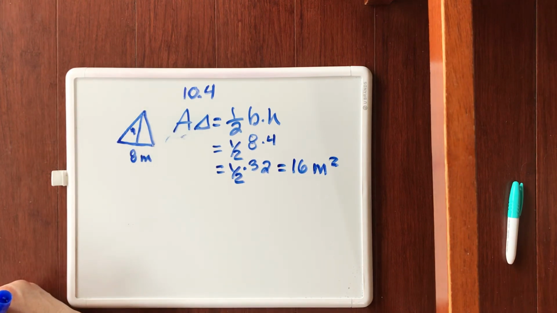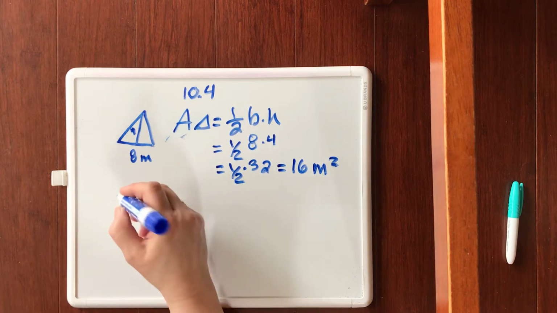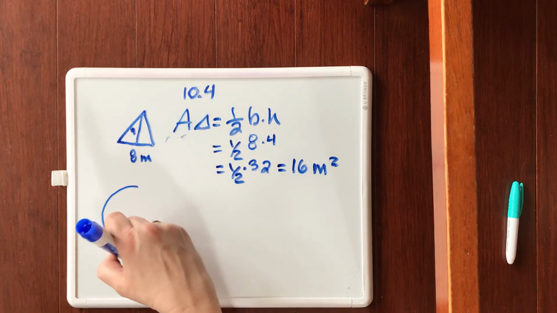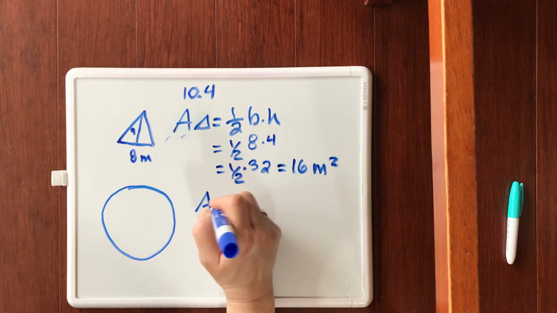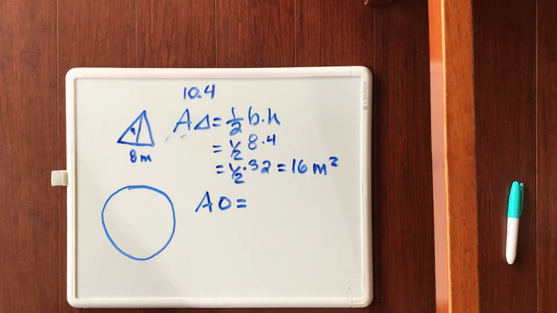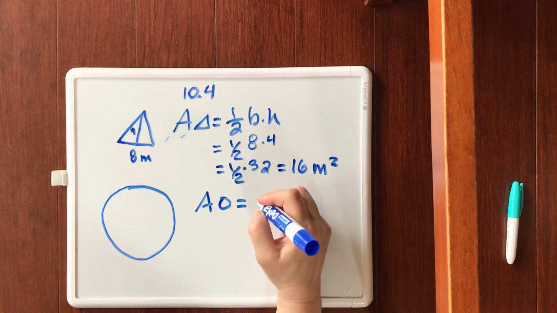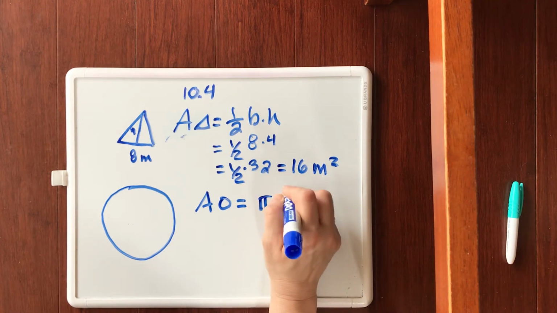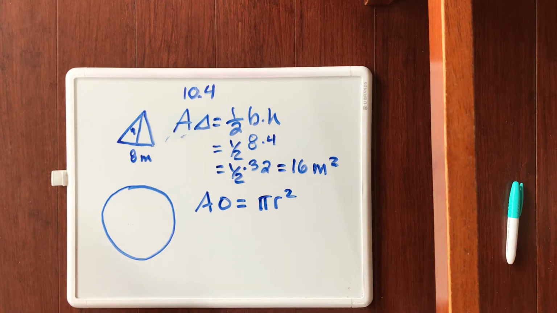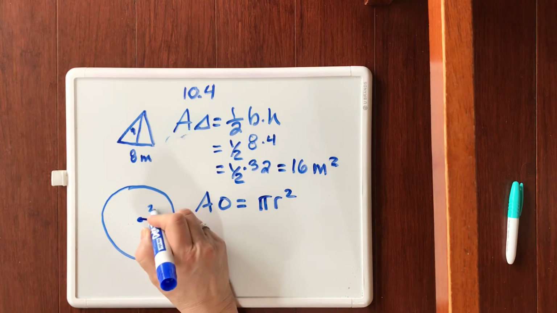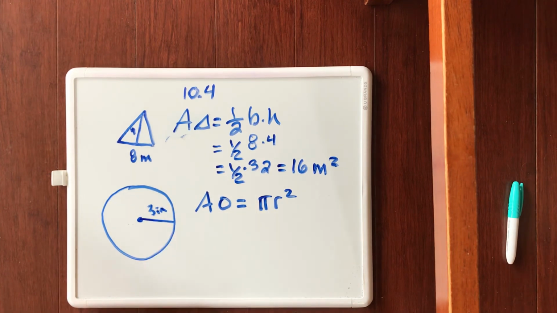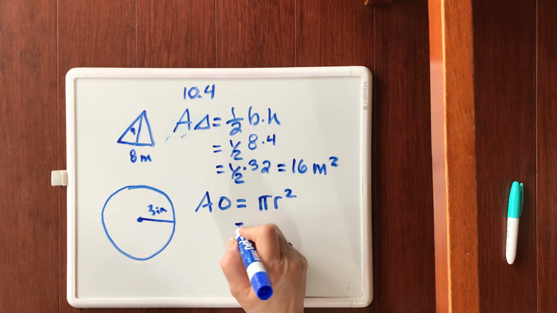Okay. So we also have area for a circle. The formula for area for a circle is pi r squared. Okay, so let's do one. Let's say again we have a radius of 3 inches, and we want to know the area of the circle.